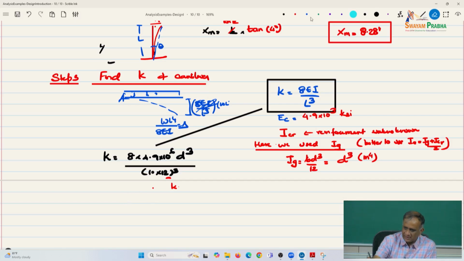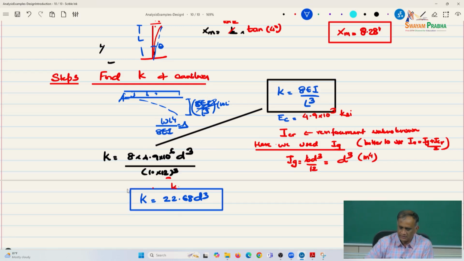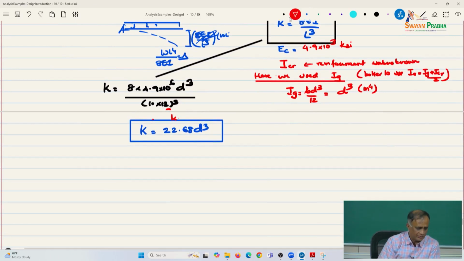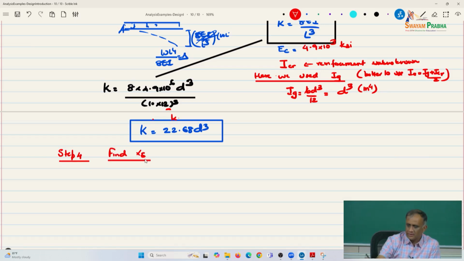So, K comes to 22.68 D cubed. Again, D is in inches. So, we are getting everything in terms of one variable now. So, then the next step is to find XE, which we have seen XE is equal to RM by KE.